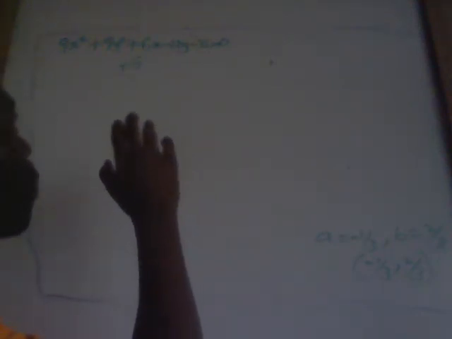That is the number in front of x. Now the coefficient of y is minus 12, the number in front of y.